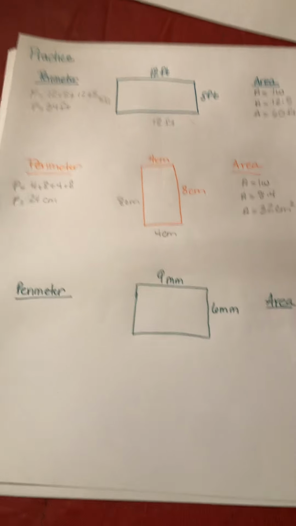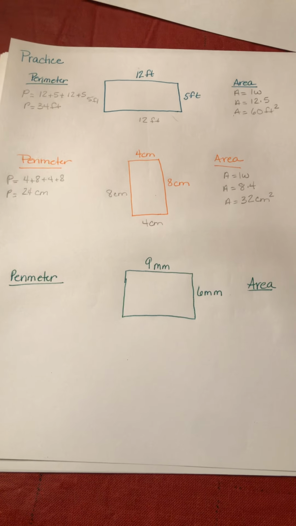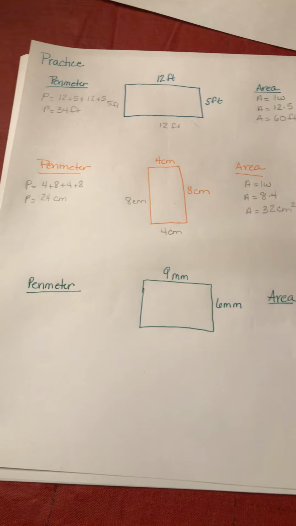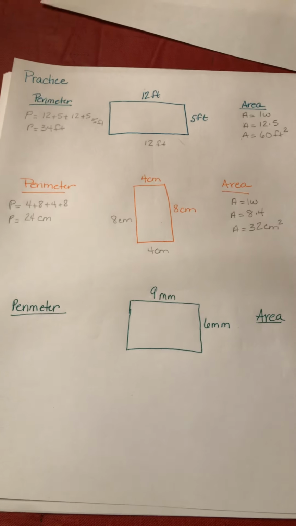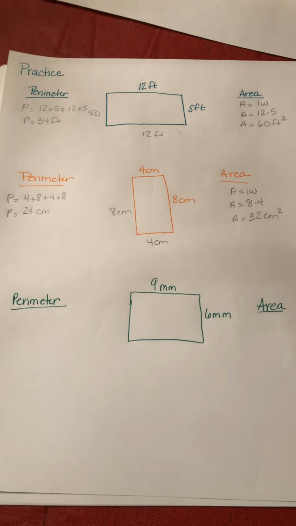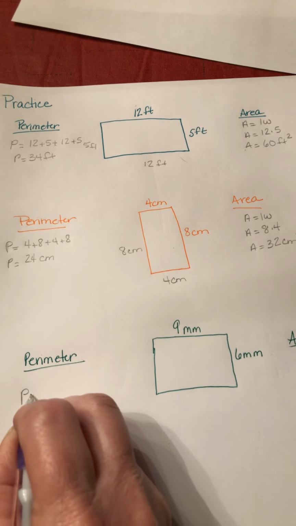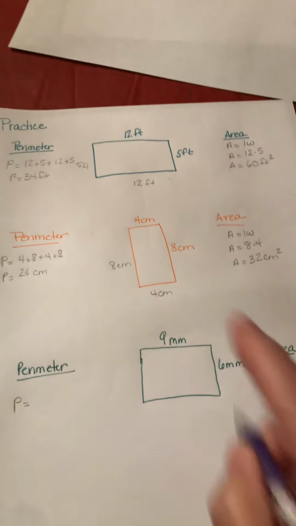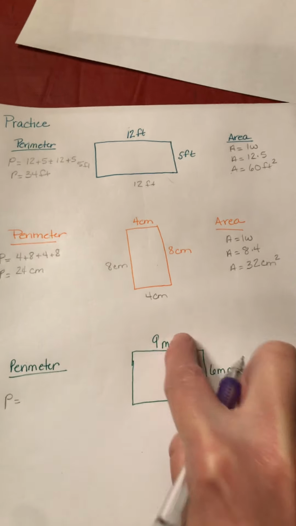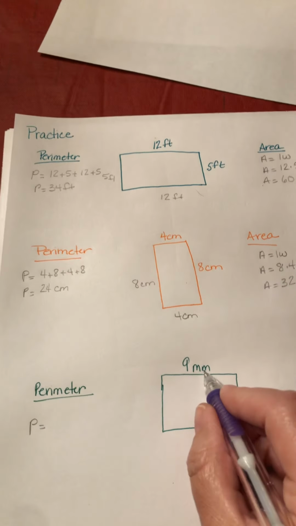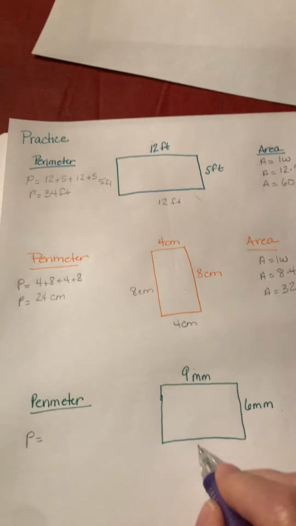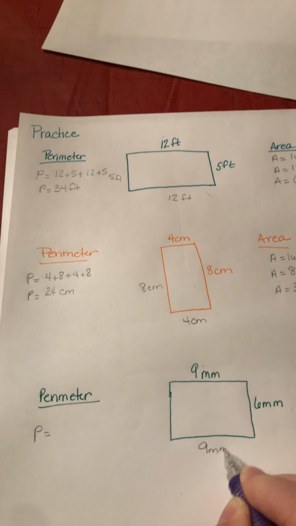Go ahead and copy down those dimensions, and as soon as you have those dimensions, pause the video and practice, and I'll see you in a moment. Welcome back. So the perimeter is, oops, sorry, I forgot to label my sides so I can have 4 sides. So these two again are congruent, so that's 9 millimeters.